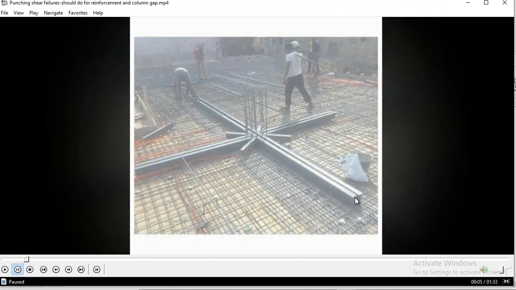You see here the girders which they are placed, okay, these beams you can see which they place at the location of the interior column, because in the location of the interior column the punching shear is dominant, okay. This is very important, and the advantage, as you see in the video, is that it will reduce your slab thickness as well as the slab thickness of your footing, okay.